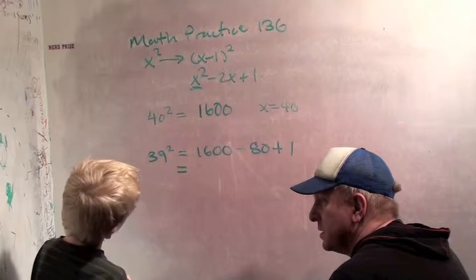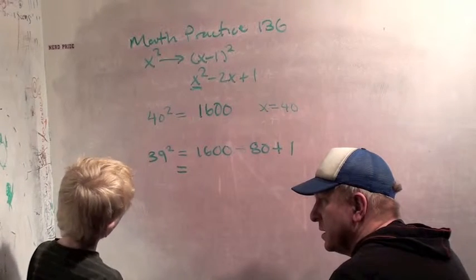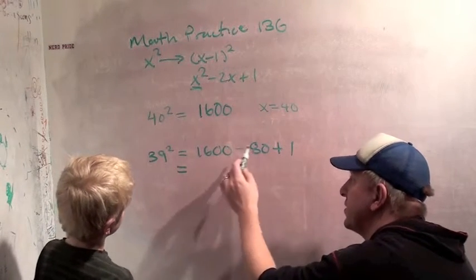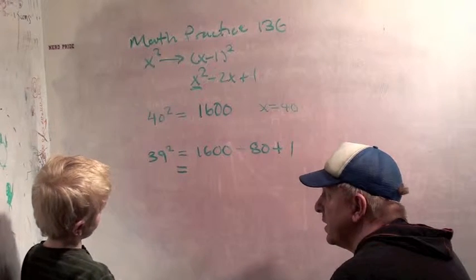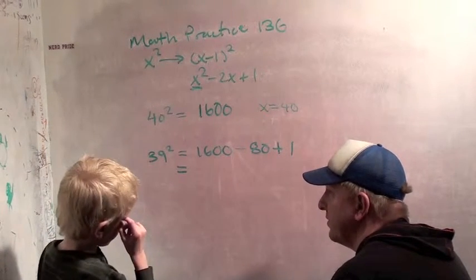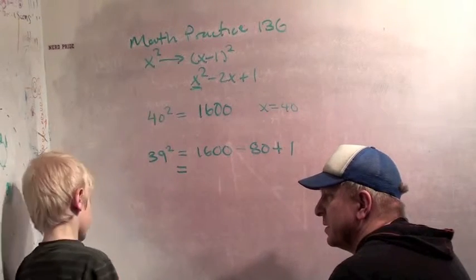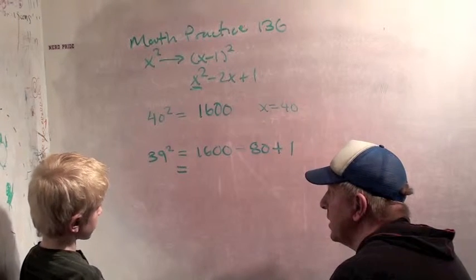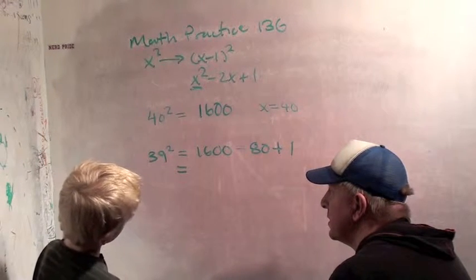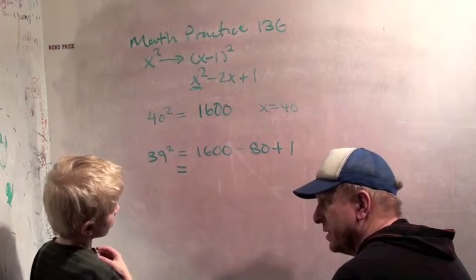Well, what's 1600 minus 100? 1500. So what's 1600 minus 80? So you subtract 20 from 100. Yeah. Are you confused? Yeah, a bit.